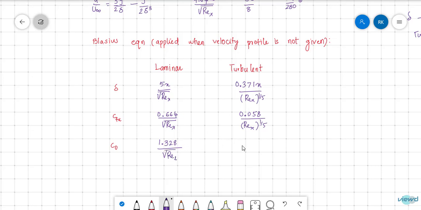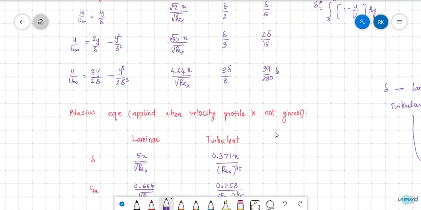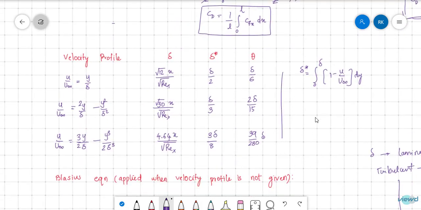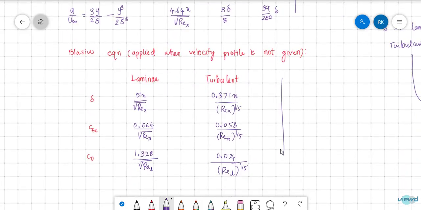This is for laminar. And for turbulent, it is 0.074 divided by REL power 1 by 5. So remember these values. This table, and this one. You no need to remember the derivation, just remember this.